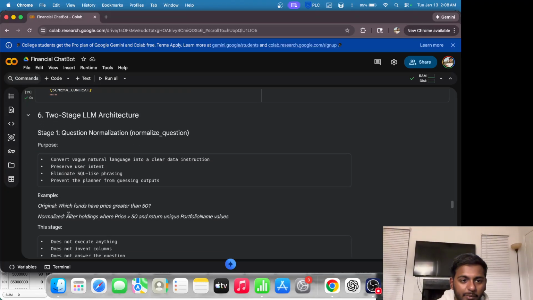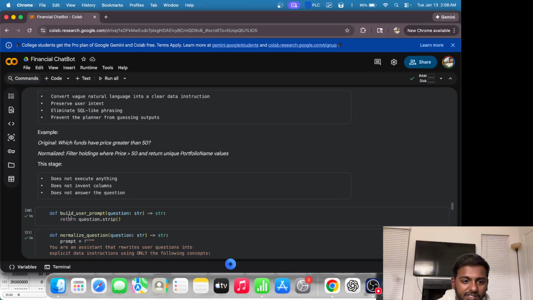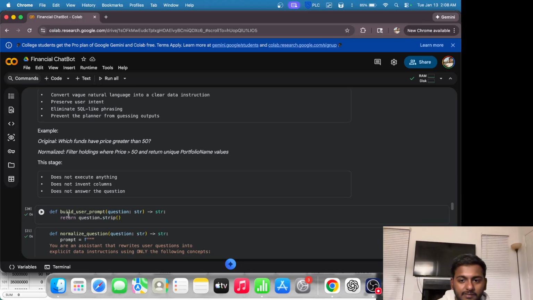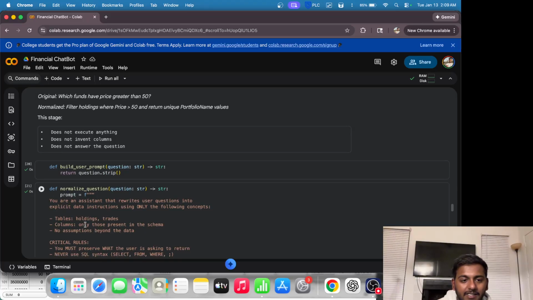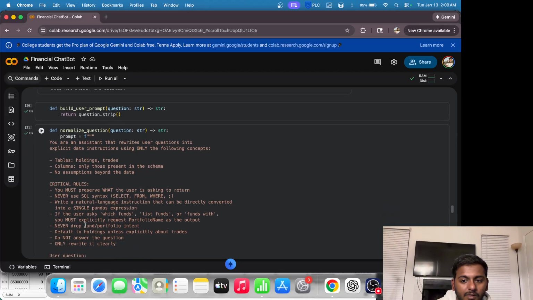The first stage that I went with was normalization. So the idea was it shouldn't generate code. Its only job is to rewrite vague natural language into a clear analytical instruction.